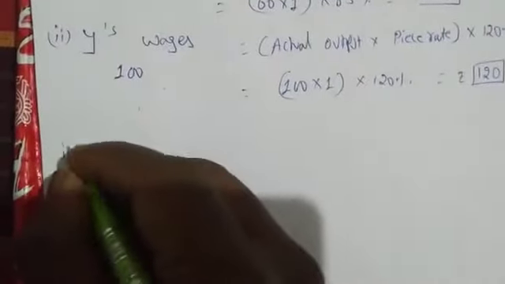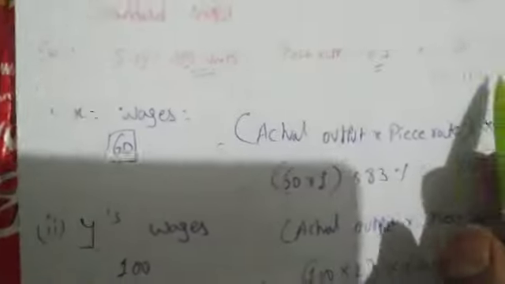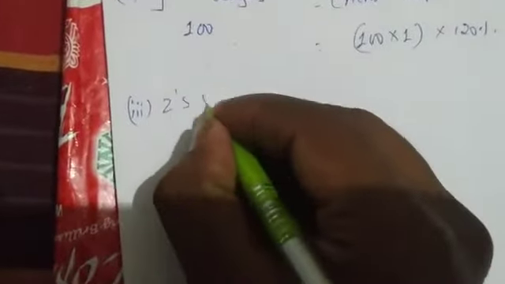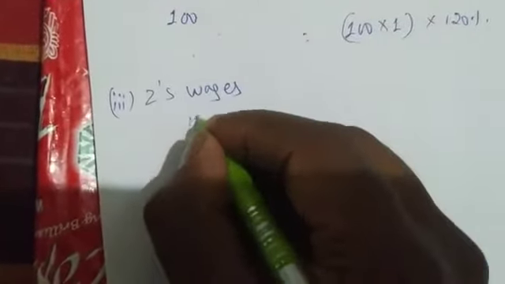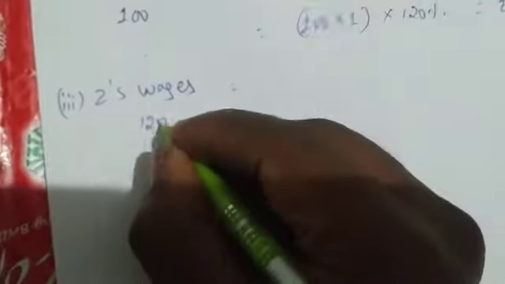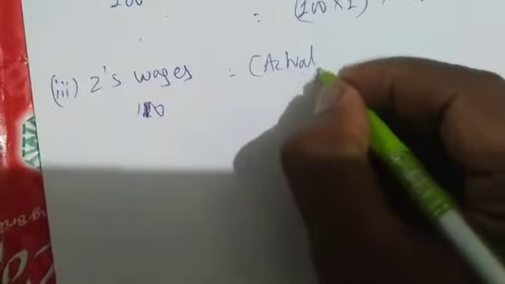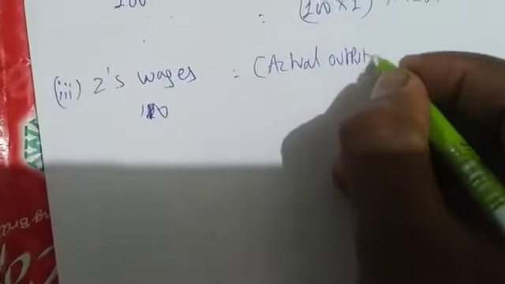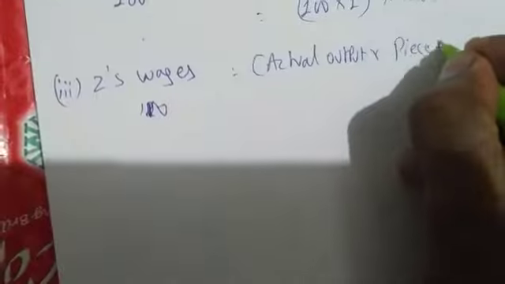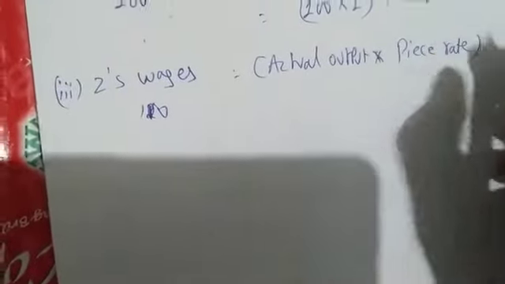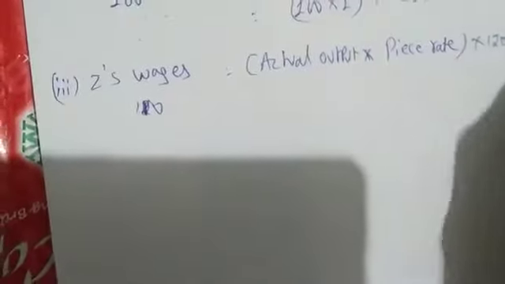Next is Z. Z is producing how many units? 110 units. It says who produces standard output or more than standard output. So he is producing more than standard output, right? 110. So for him also the same formula. Z's wages equal to actual output into piece rate into 120%.